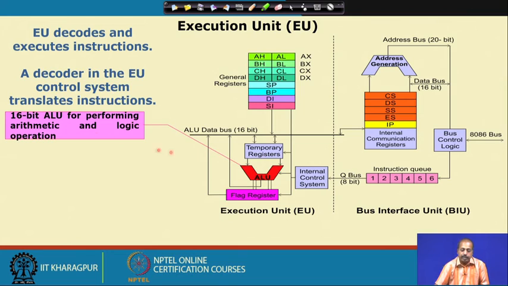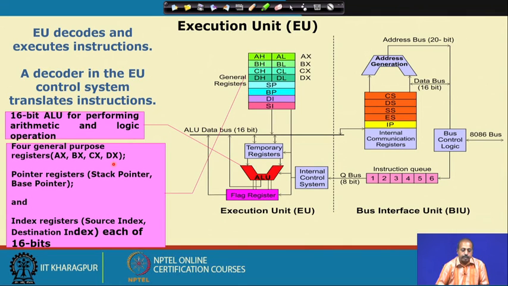A 16-bit ALU has been provided, whereas the adder that we have in the bus interface unit is 20-bit. So there is a difference: this is 16-bit and that one is 20-bit. This 16-bit ALU performs the arithmetic and logic operations. Then there are the general purpose registers AX, BX, CX and DX.